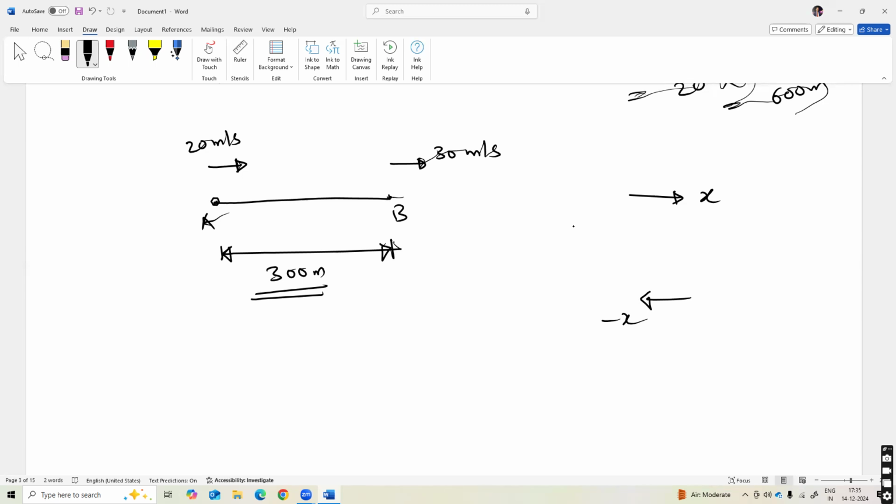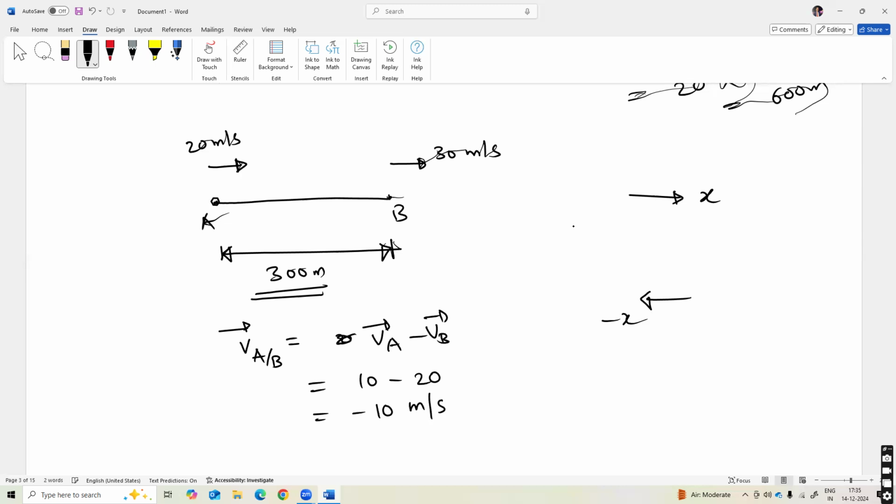But now if we see the relative velocity of A with respect to B, you know that it is VA minus VB. So it will be equal to 10 minus 20, which is basically minus 10 meter per second.